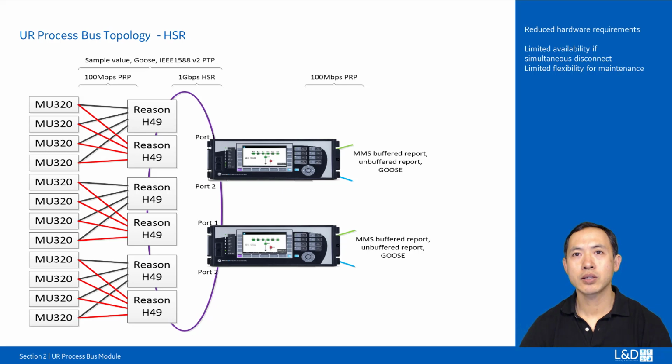The pros and cons of HSR topologies are: pros, reduced hardware requirements, which require less fiber, cable, and Ethernet switches. The cons are limited availability if simultaneous disconnect, and limited flexibility for maintenance.